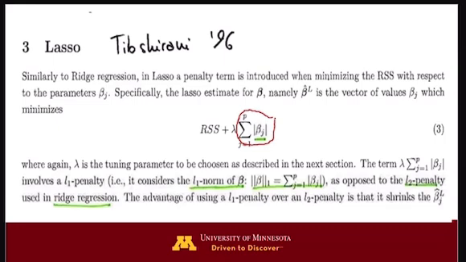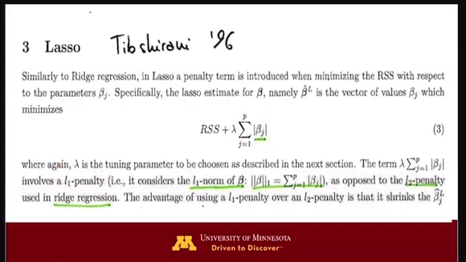Lasso uses what I call the L1 penalty, but ridge uses the L2 penalty. I just wanted you to take note of that.